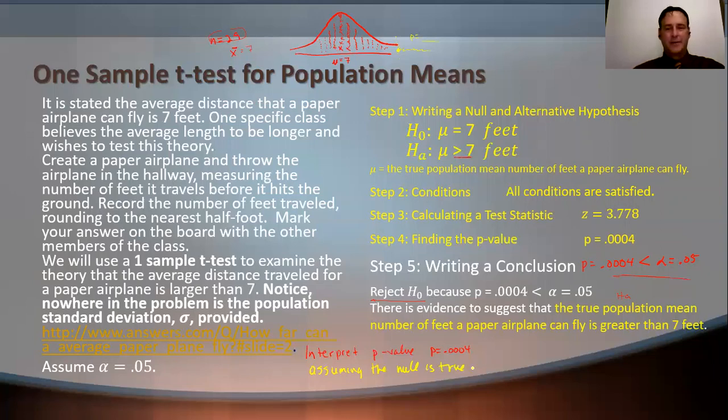Okay, and I'll just put this in parentheses, that the average length of a paper airplane's distance once it's tossed is 7 feet. Okay.